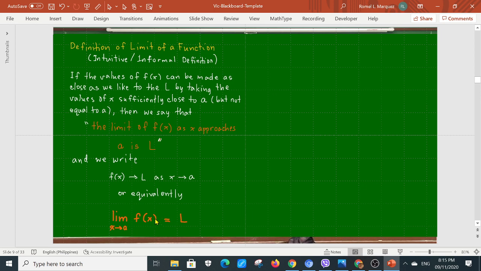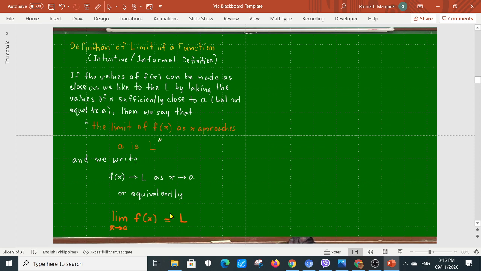If the limit does not exist, of course, it's not L. It is either negative infinity, positive infinity, or possibly does not exist only, because the limit from the left and the limit from the right, although they both exist, are not equal. So that is how we define the limit of a function intuitively, or in the informal way of defining the limit.